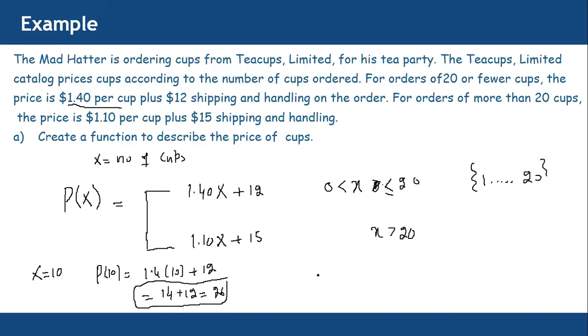Let's suppose you want to order 25 cups. For 25 cups, you can use the second one. So we have 1.1 multiplied with 25 plus 15. 1.1 multiplied with 25 is actually 27.5, plus 15 means 42.5.